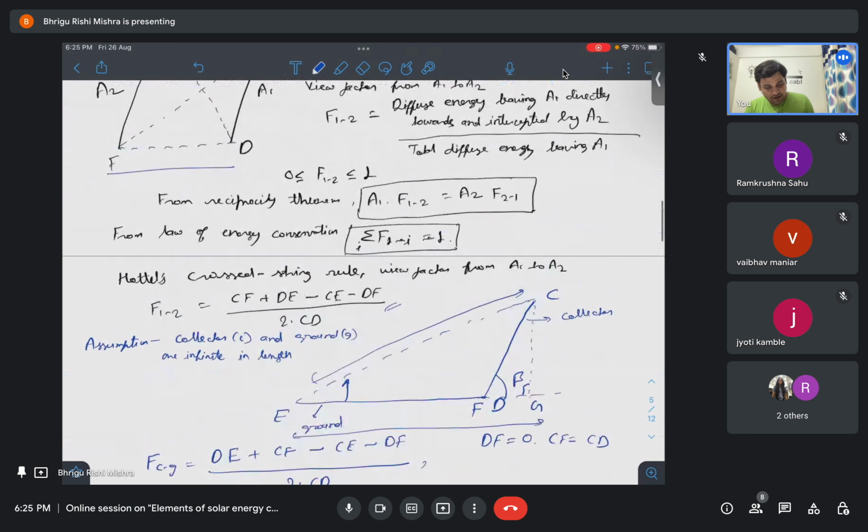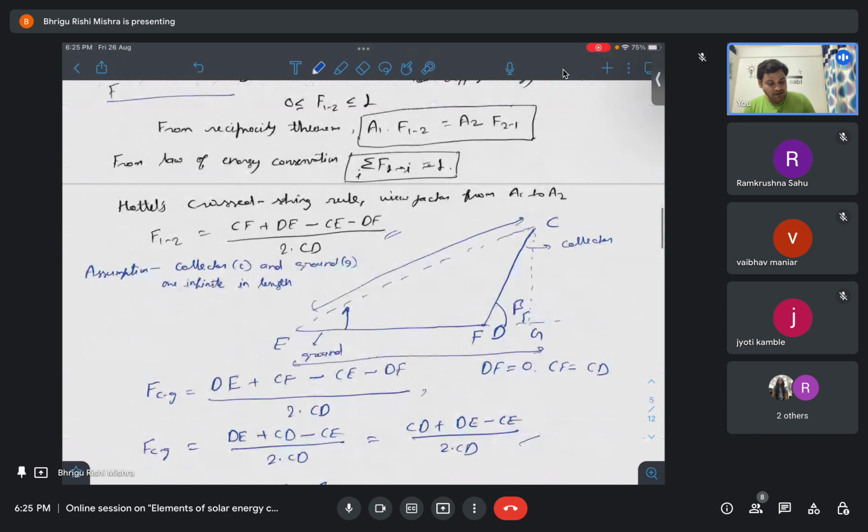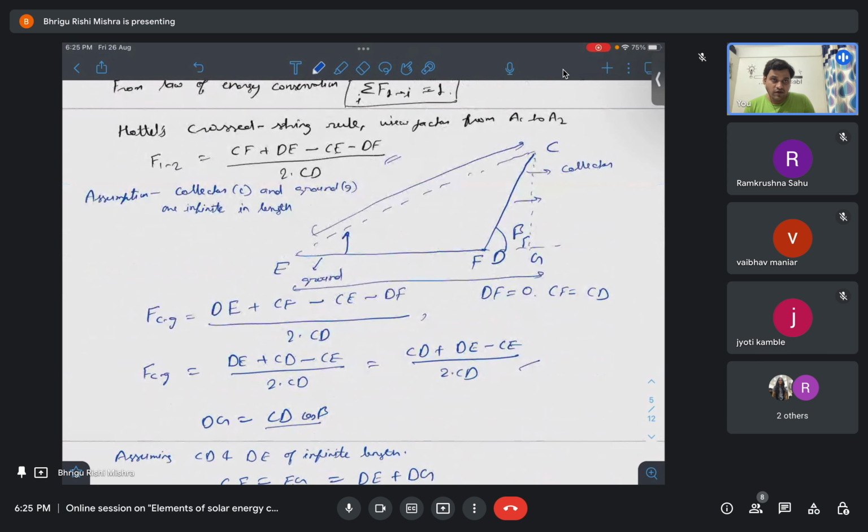We need to calculate the view factor from collector to sky also. For this collector, there are only two surfaces accepting the radiation we are considering in this case, one is ground and the other is sky.